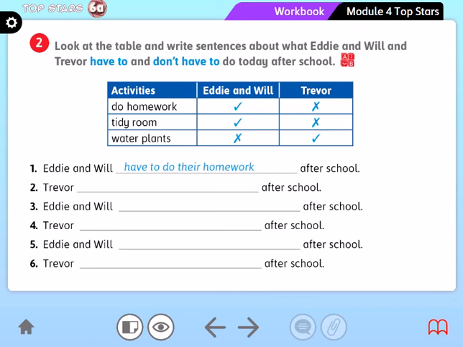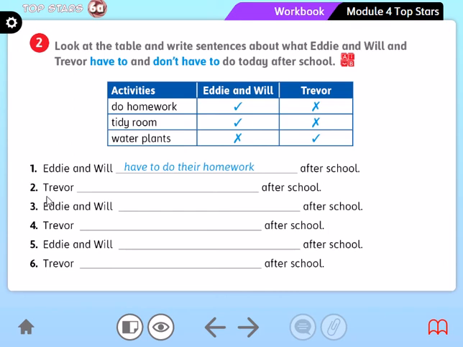We have Eddie and Will, Trevor. For example, number 1, Eddie and Will have to do their homework after school. How about Trevor? Yes, we have an X here. That means no need to do this, or it's not necessary to do this.